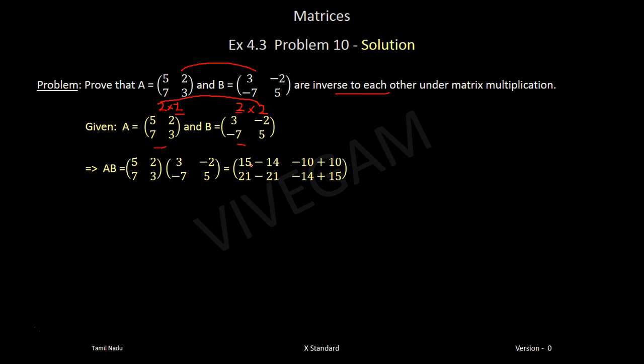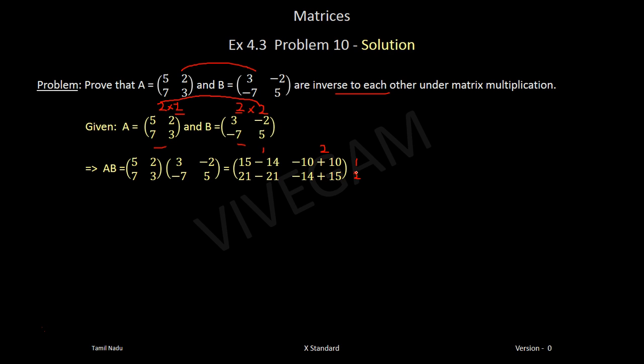Now let's do the matrix multiplication. A times B: [5, 2; 7, 3] times [3, -2; -7, 5]. As usual, let's number this: first column, second column, first row and second row.